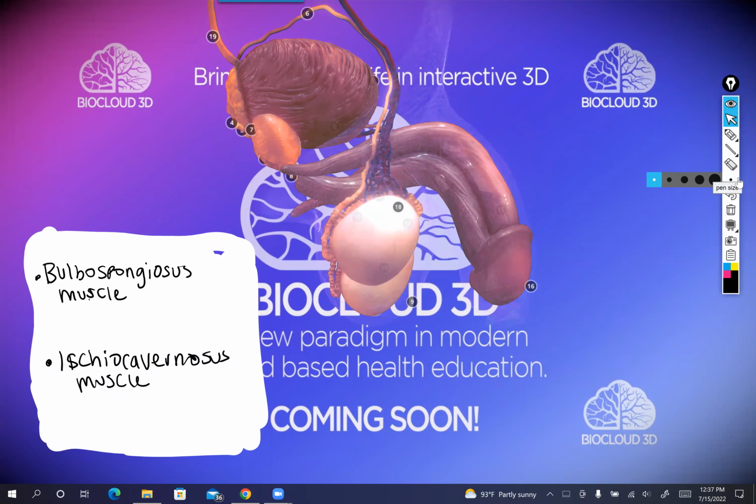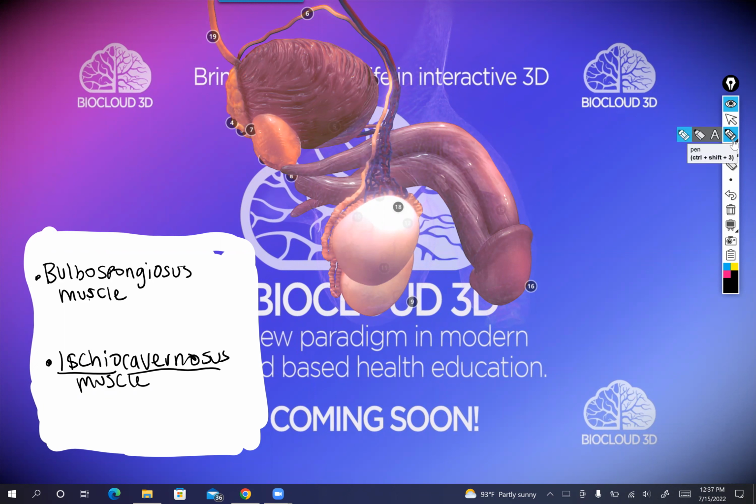Okay, so the ischiocavernosus muscle, ischio should suggest to you that maybe it's related to the ischium of the pelvis, and indeed it is. And then cavernosus should suggest to you that it might have something to do with the corpora cavernosa. It does.